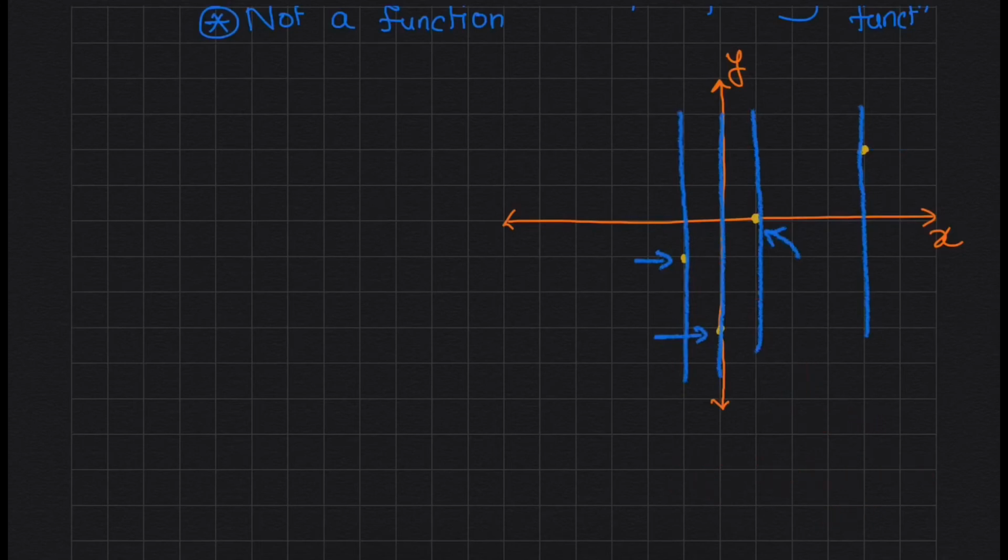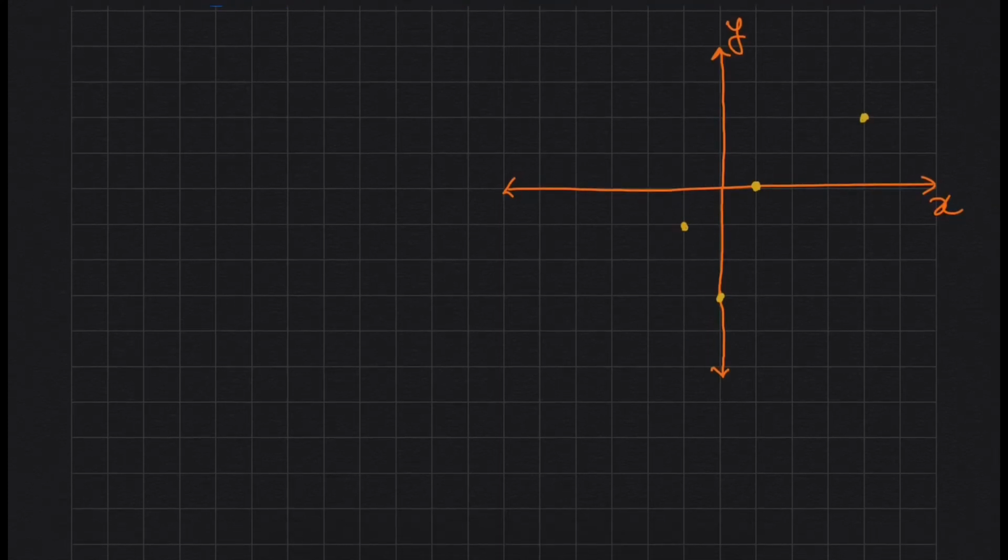So I see my four points on the graph. Now let's try to put those points in a table. Let's make an XY table, a beautiful XY table here.